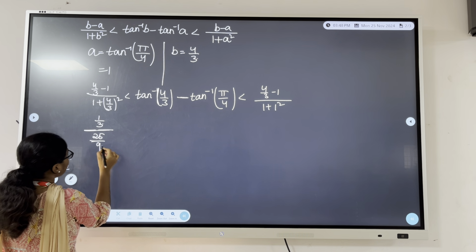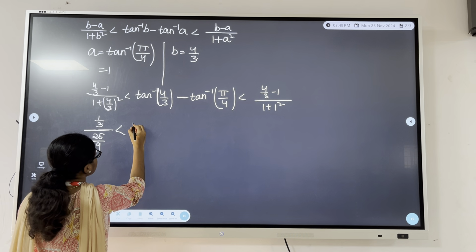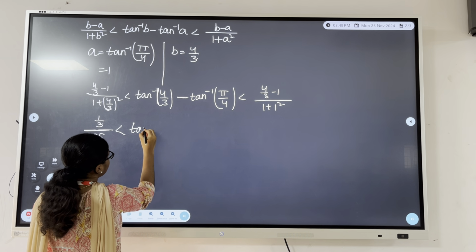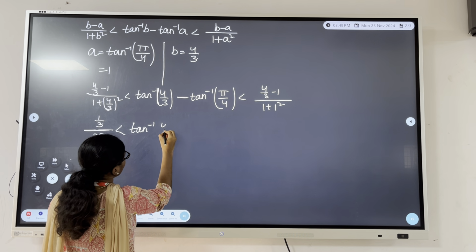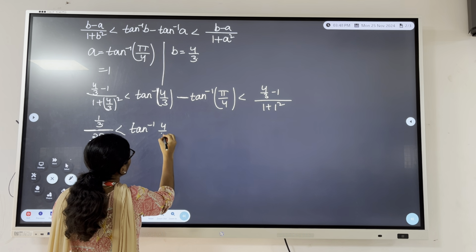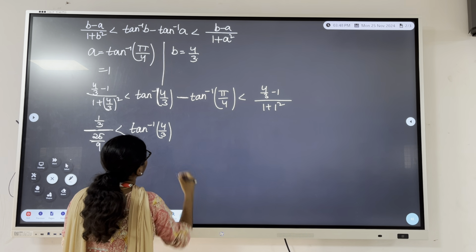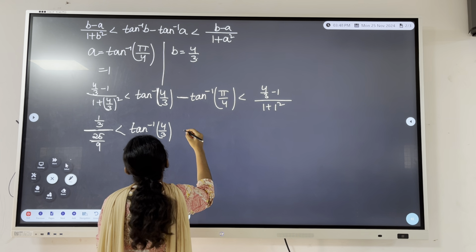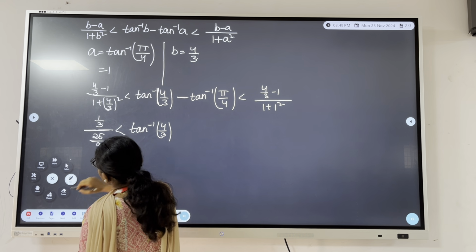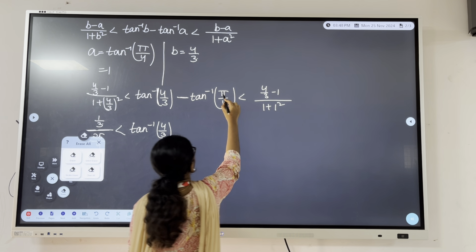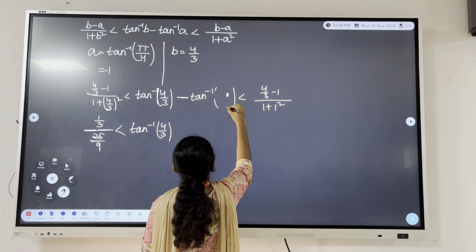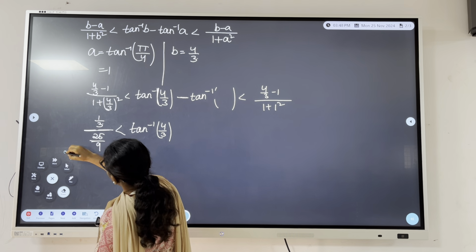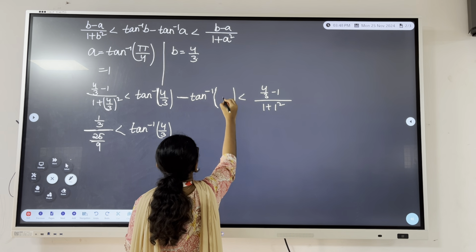25 by 9 is less than tan inverse of 4 by 3, and this tan inverse of 1.